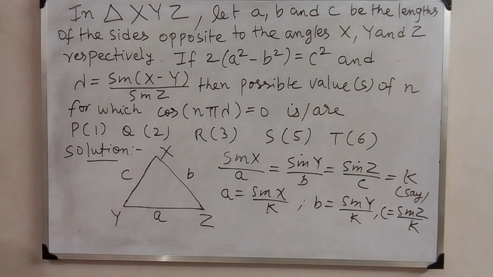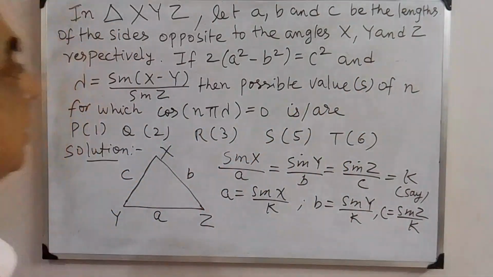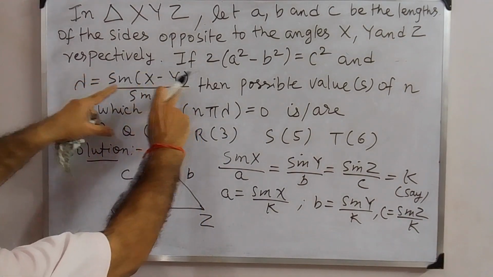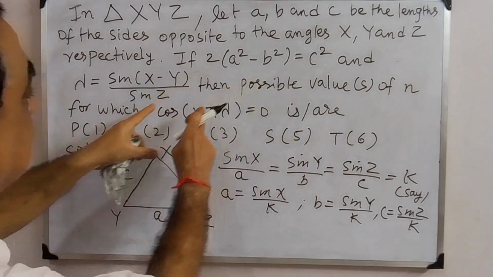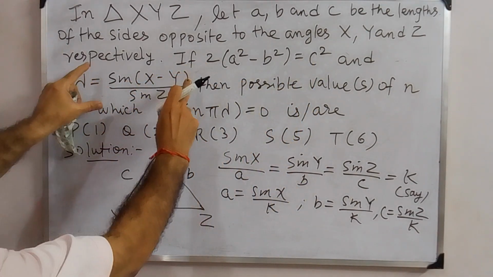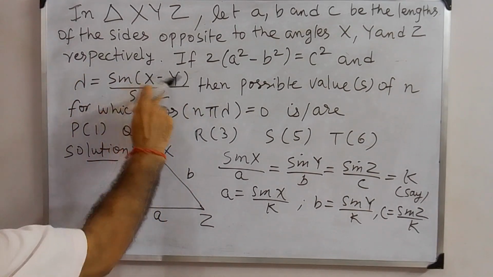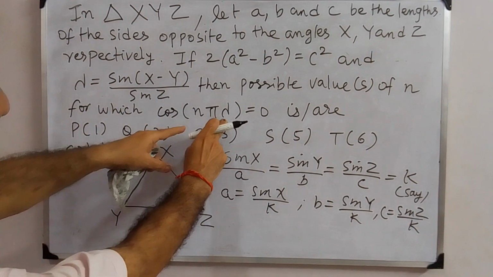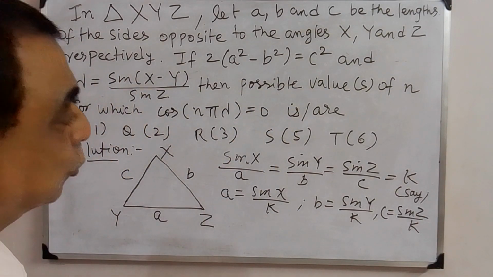Now we will substitute these values of a, b and c in this equation, and we will find the ratio sine(X minus Y) by sine Z. We will put the values and find some value of sine(X minus Y) by sine Z, and that will be the value of lambda. And then we'll put the value of lambda here and get the value of n. So that is actually the process.